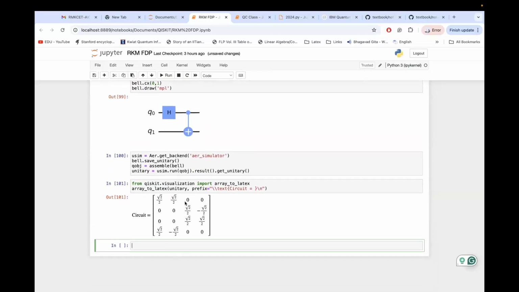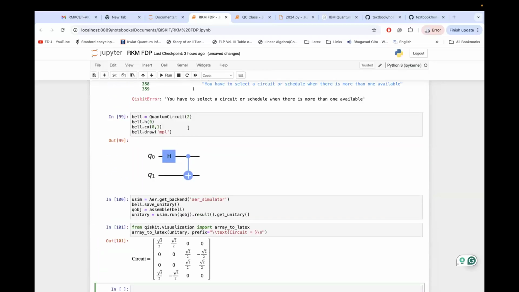So this is the 4 cross 4 matrix associated with this particular circuit.